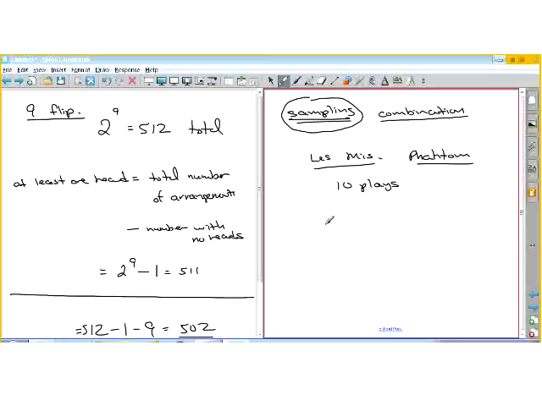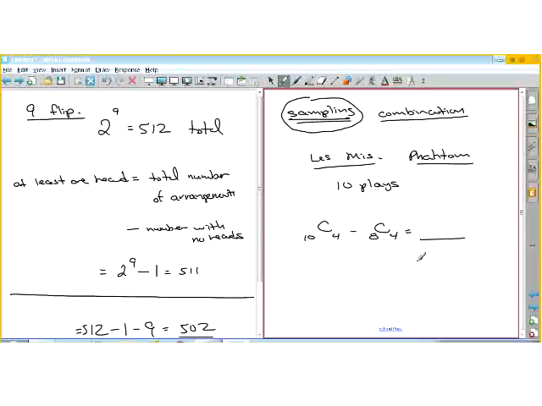So what we did was we found the total number of combinations taking 4 at a time. So we had 10 plays, including Les Mis and Phantom. So this gave us the total number, and then we subtracted the total number of arrangements where we didn't include these.